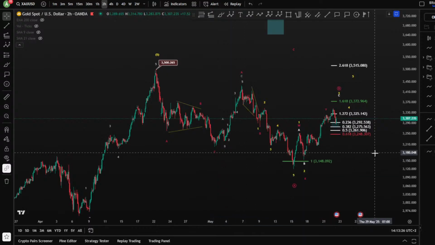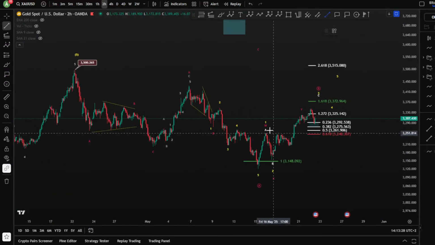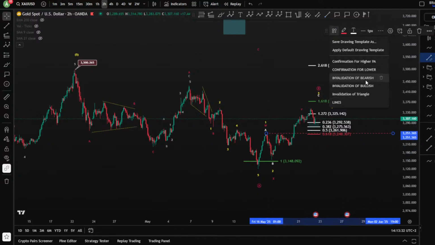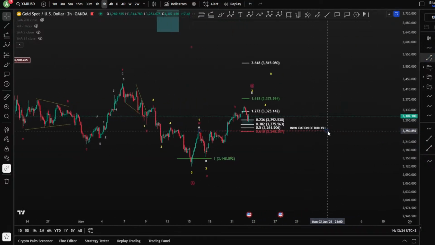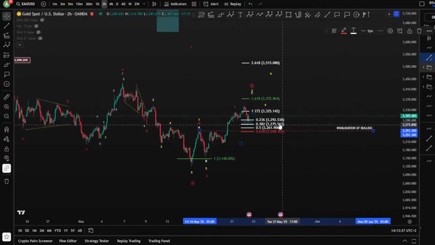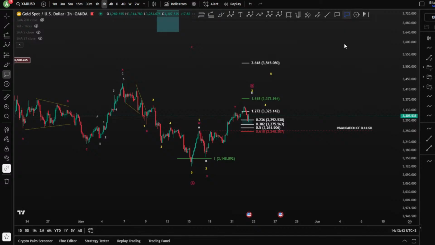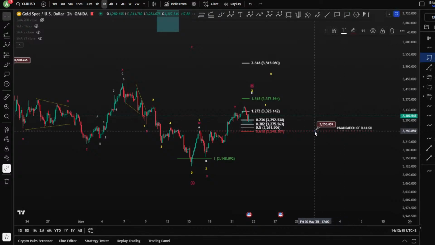Basically, those are, okay, let's give some invalidation point. So if we take this invalidation of bullish, all right, if you take this price, meaning you invalidate the bullish scenario, it's not allowed to interfere with the zone 1. And that price is exactly at 3,250, okay?